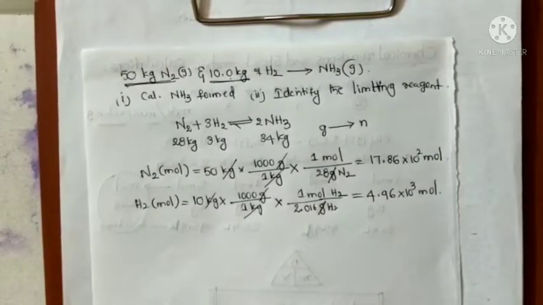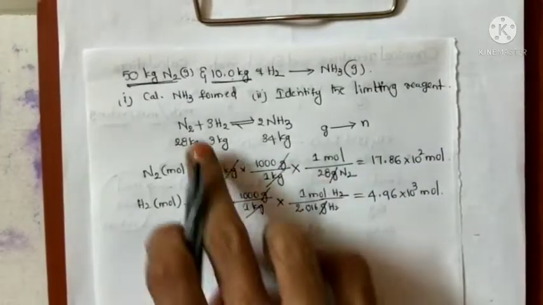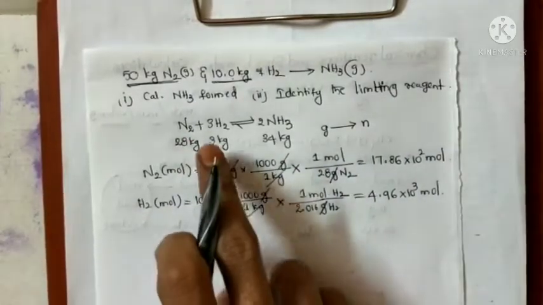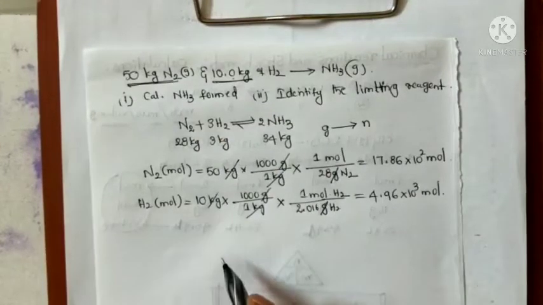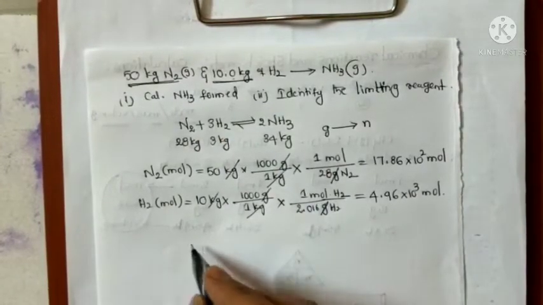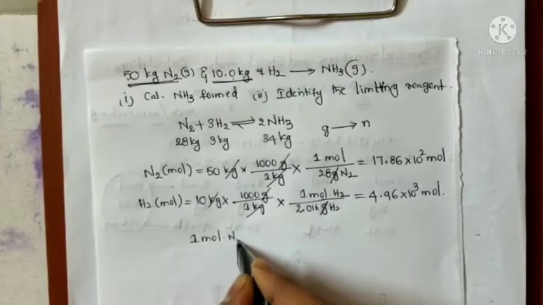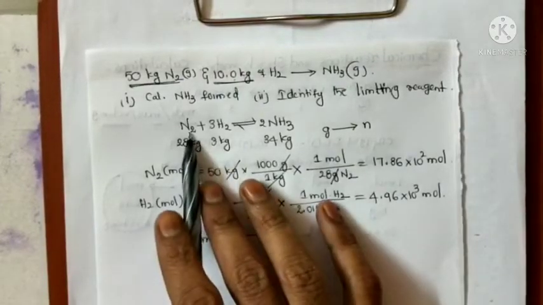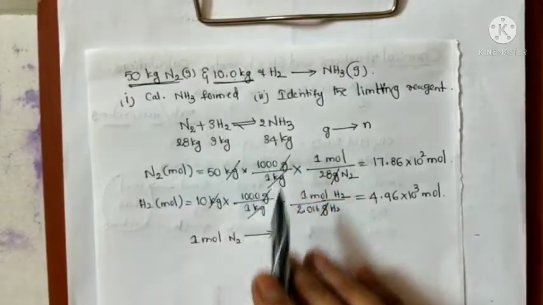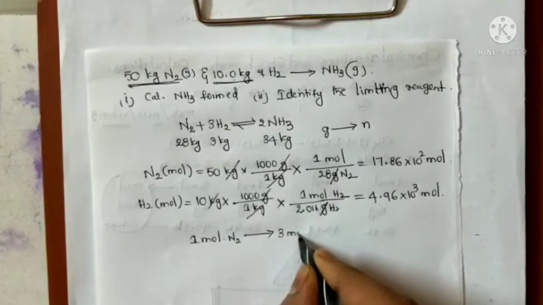Okay, so from the balanced chemical reaction, 1 mole of nitrogen is reacted with 3 moles of hydrogen.